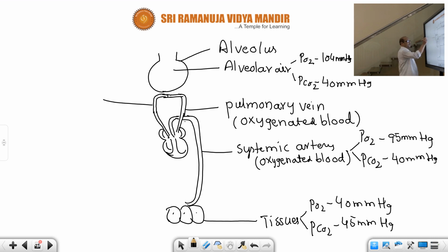This is pulmonary artery. For viewers it is the right side, but for human beings, like this, if you see, this is left side, this is right side. Pulmonary artery.